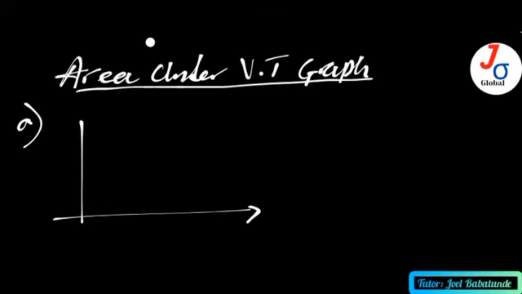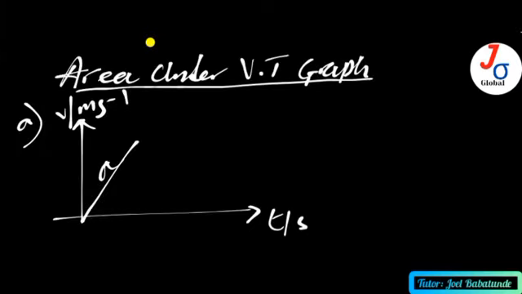So this is the time axis measured in seconds, and this is the velocity axis measured in meters per second. Alright, so let's say that the object starts from rest. So if it starts from rest, it starts from the origin. So it's accelerating. Okay, so this is the acceleration.